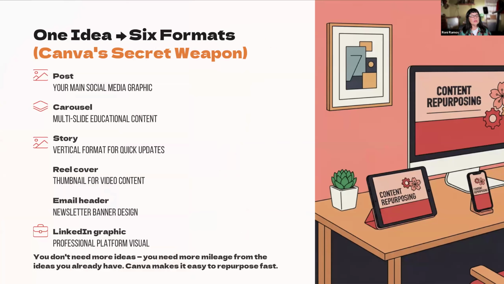Canva, I think, works with the secret weapon of their repurposing and resizing. So say you get one idea, you can turn that into 6 different formats. Your post, this could be a still image post, your main social media graphic, right? So as an example, I have an event that we're putting on for small businesses later in the spring.